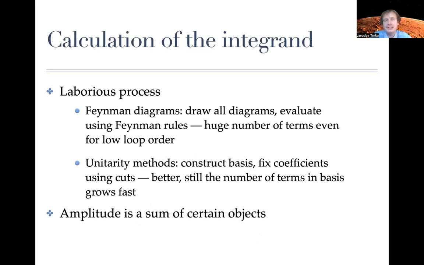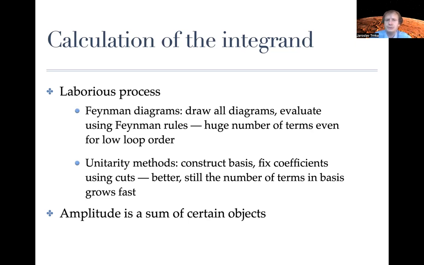When we do the actual calculation, I already mentioned before, there is a problem with complexity. In either method, you have a huge number of terms already for low loop order. The number of Feynman diagrams just grows rapidly. And even in these unitarity methods, when you reshuffle things and do them efficiently, you still have this basis that you have to construct and then potentially integrate.